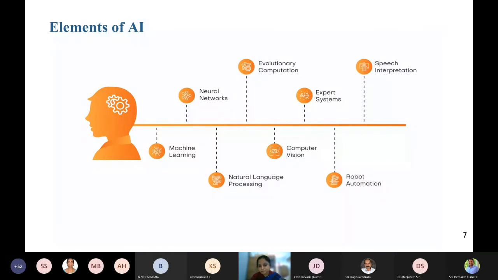So one could be your machine learning. I did speak about the difference between AI, machine learning, and deep learning. Machine learning is a set of computer programs. The one difference between normal programs and these machine learning programs is that these programs can learn on their own.